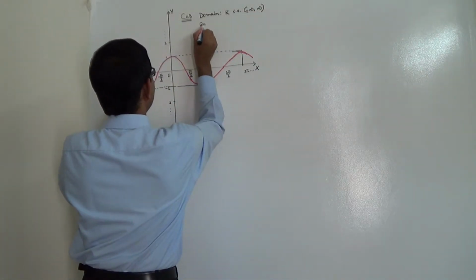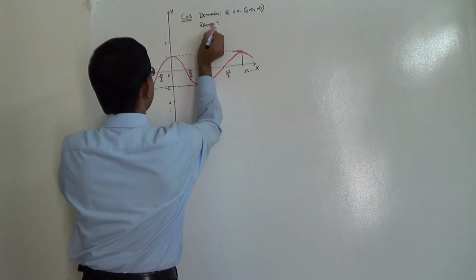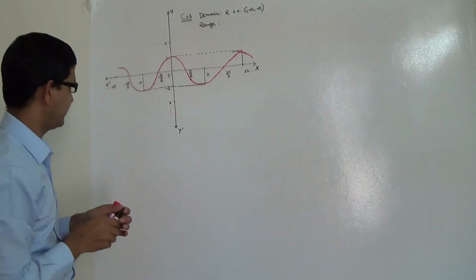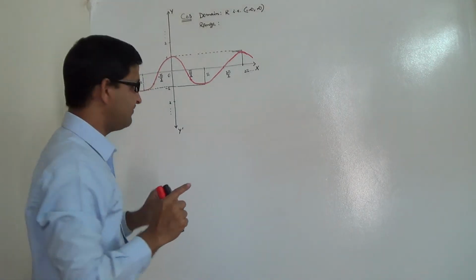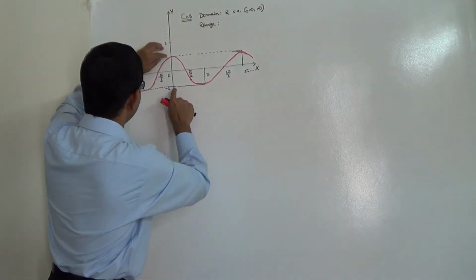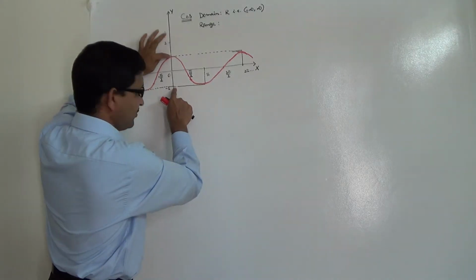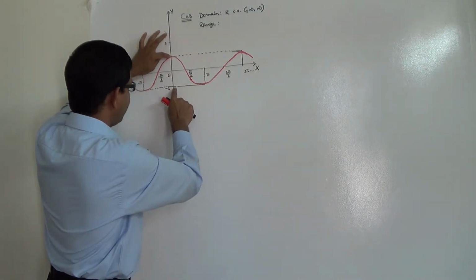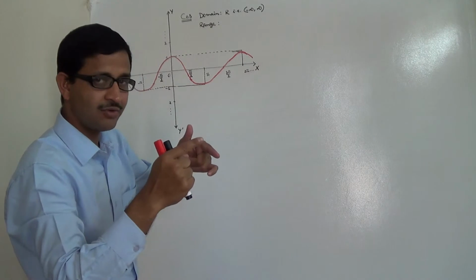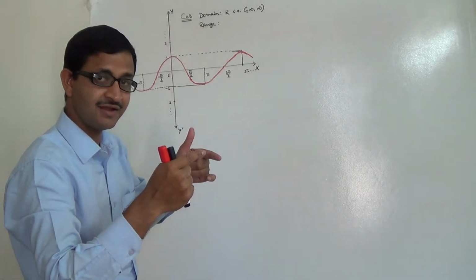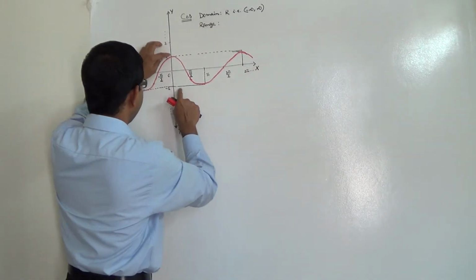And what is the range? Let us look very carefully. The function cos can return any value between -1 to +1. You see, the curve I have drawn in red color covers the interval -1 to +1, including -1 and +1. That means it is covering the closed interval -1 to +1.